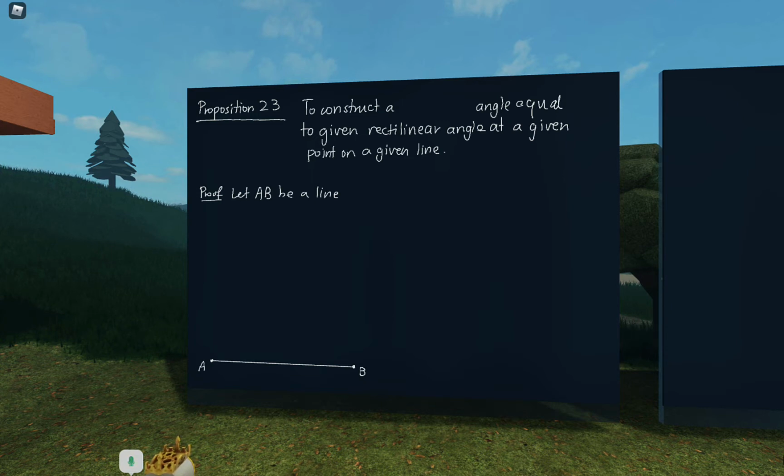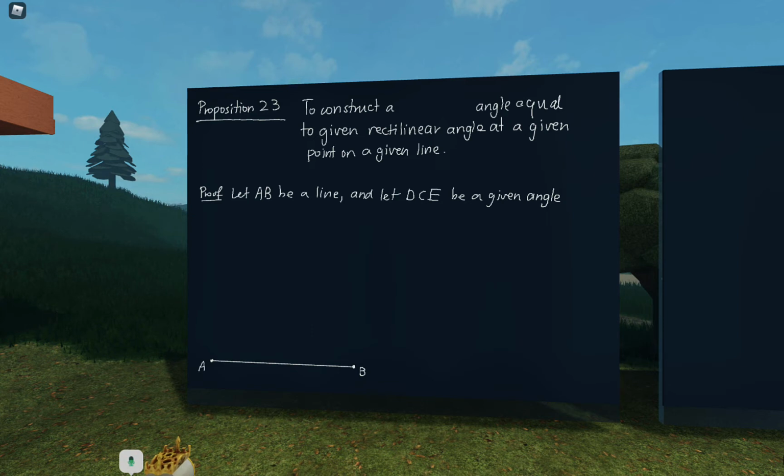Right. Okay, so AB is the line, and we're going to let A be the given point, and let DCE be a given angle. I think it's possible that it might have the content of something like an angle that is given together with two lines that meet it.